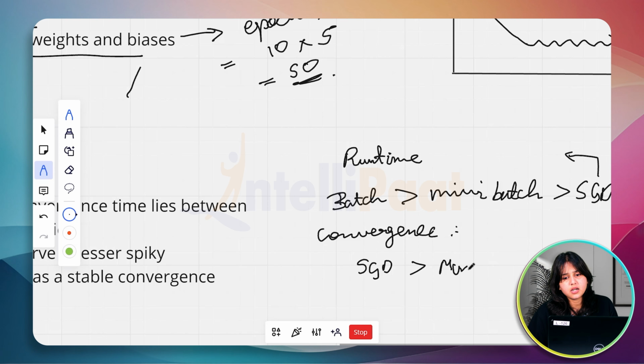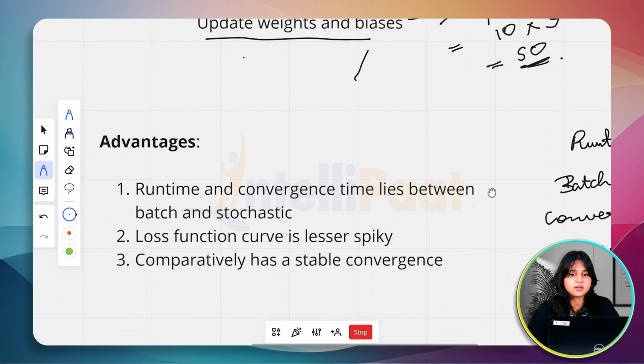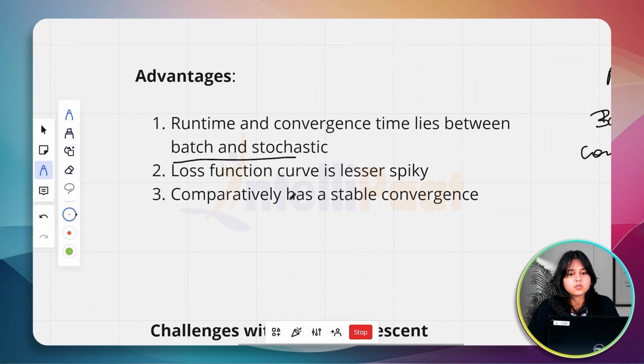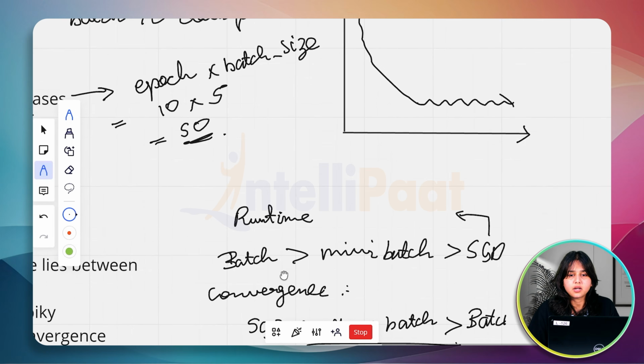Convergence, again, mini batch is going to be in between, having an average of SGD and batch. Batch is going to have the lowest convergence. So this is why we say mini batch is a better version of both batch and stochastic. It also has a more stable convergence, right?